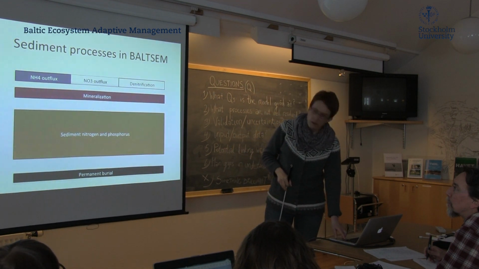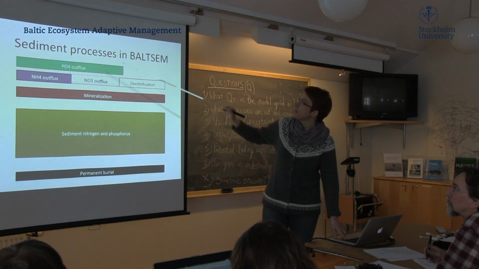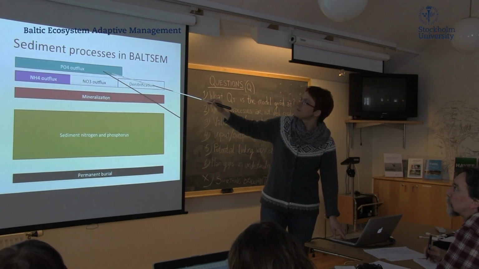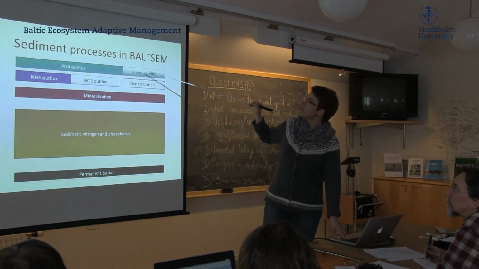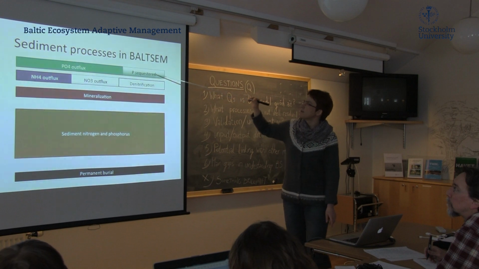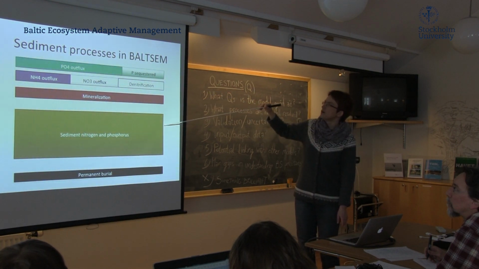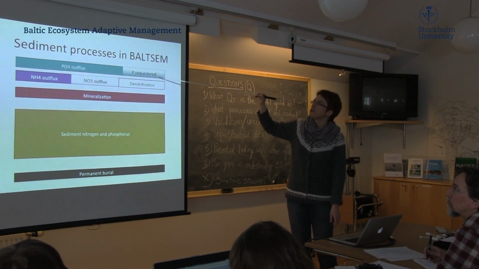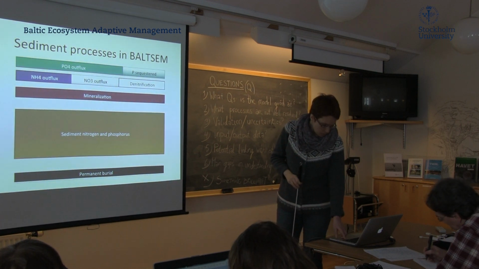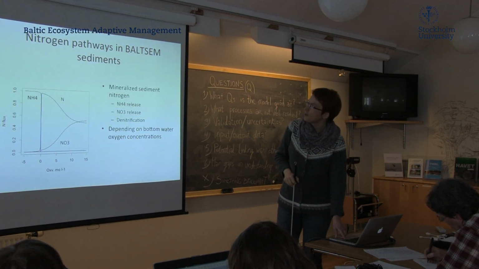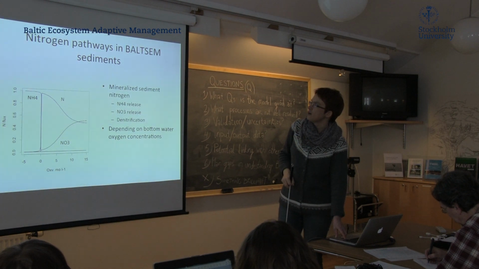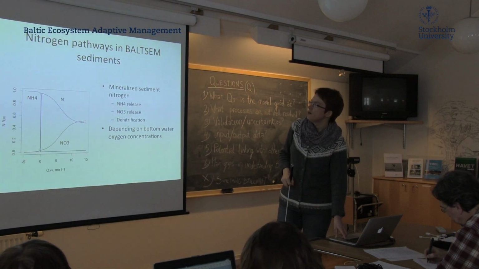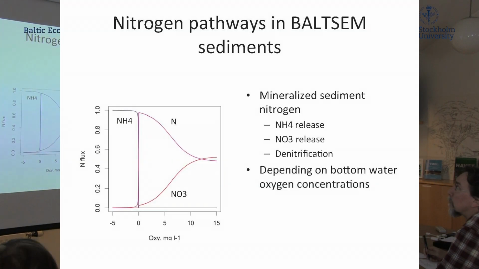And the same for phosphorus: part leaves the sediment to the water column, and part goes back into the sediment phosphorus pool, so it's stored in the sediment. And the splits look approximately like that, so they are pretty distinct functions of oxygen concentration.